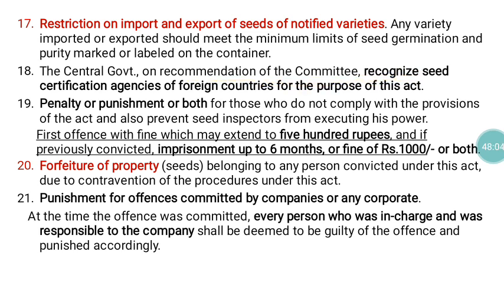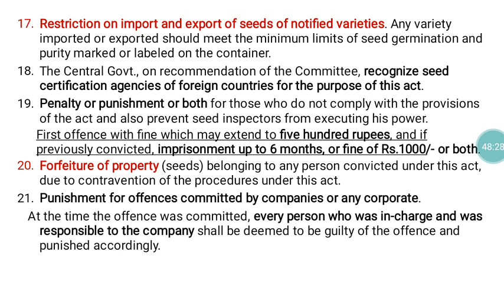During production itself, the material needs field inspection and everything else to be carried out. For that purpose, the Government of India, on the recommendation of the Central Seed Committee, is empowered to affiliate foreign certification agencies of foreign countries. So that is section number 18.